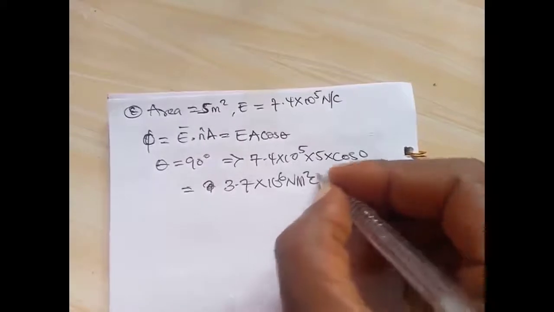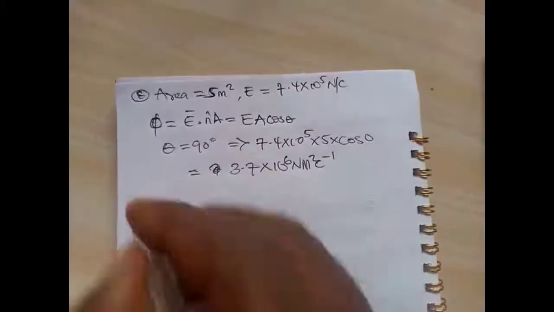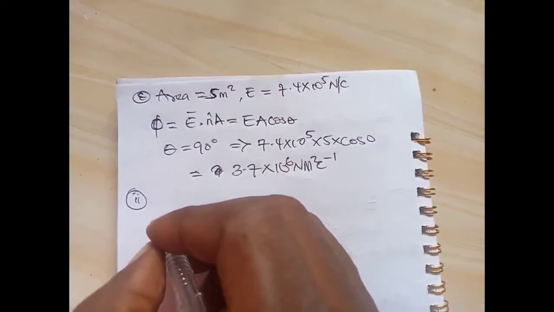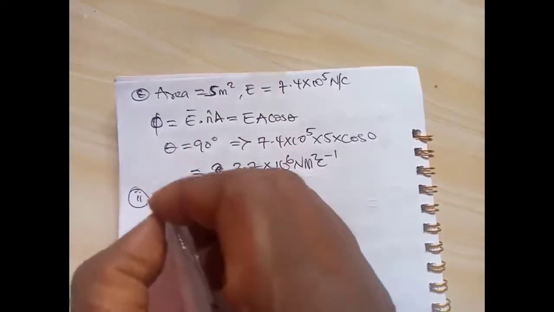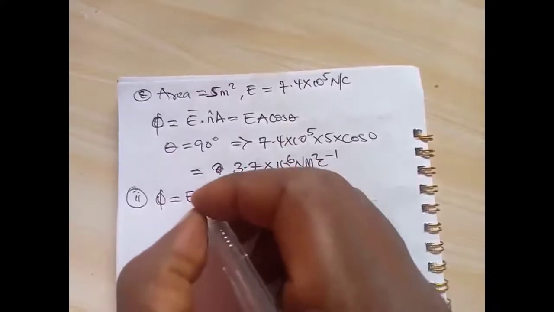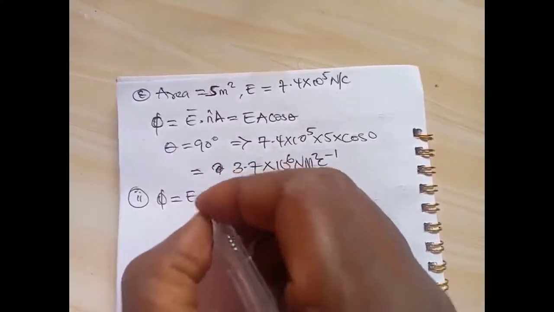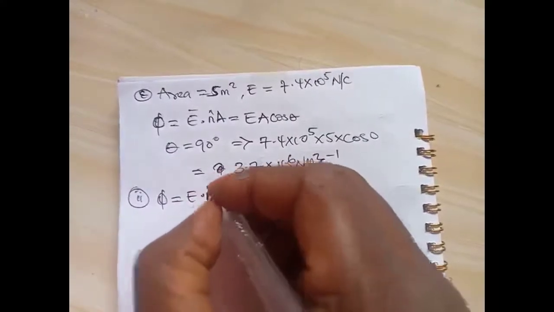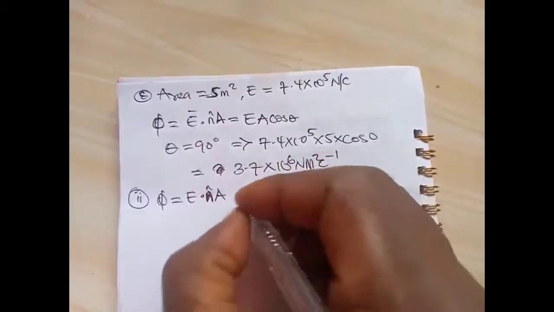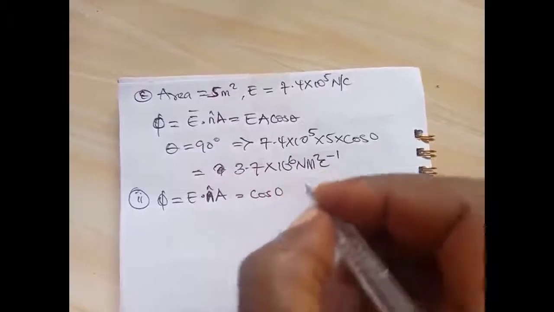Newton meter squared per coulomb. Now the second one says when it is parallel. When it is parallel, the angle between the field and the normal is 90. Using the same, flux is equal to ENA cos theta.